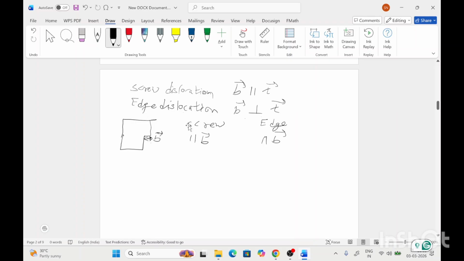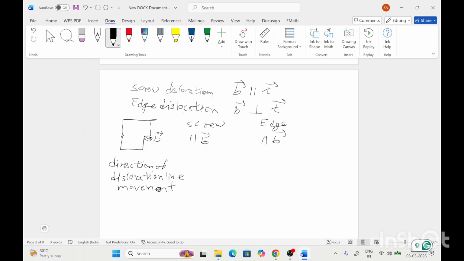Next, the direction of dislocation line movement. Meaning when the dislocation, both screw and edge, glides, the dislocation line also moves.